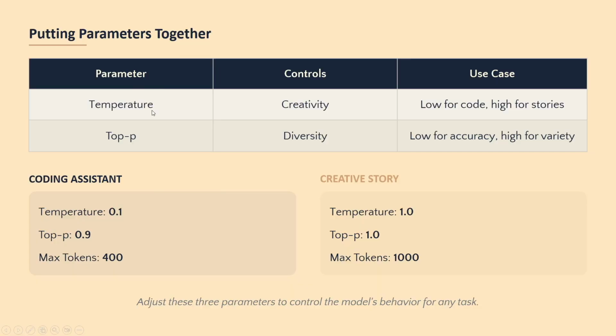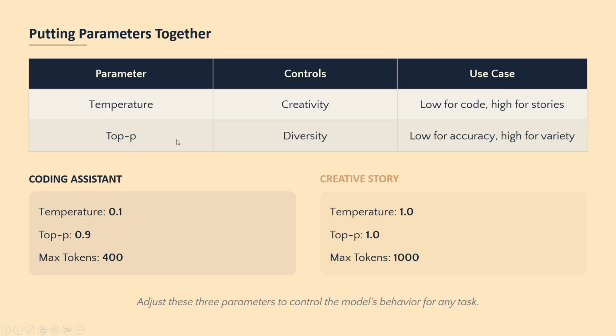Now, what are all the parameters put together is given here. Temperature controls the creativity, and for code generation, we would always want the temperature to be 0.